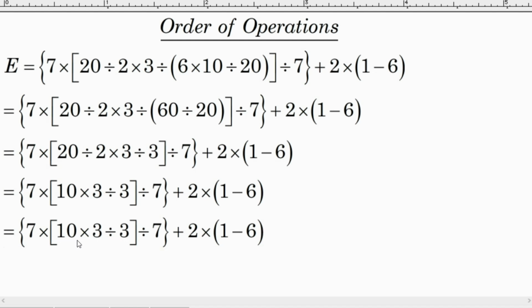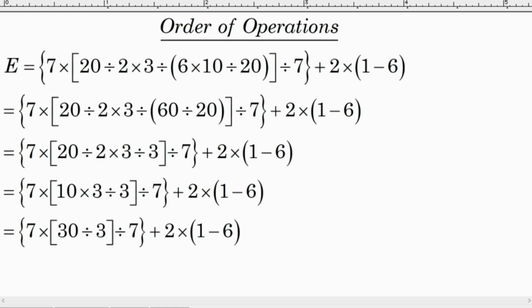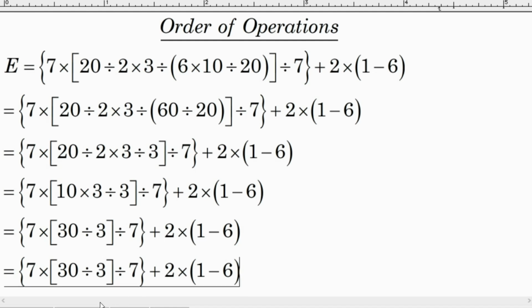So 10 times 3 will be equal to 30, right? Now I'm going to copy the whole line again. Here we have 30 divided by 3, which is equal to 10. So the number in the bracket equal to 10.